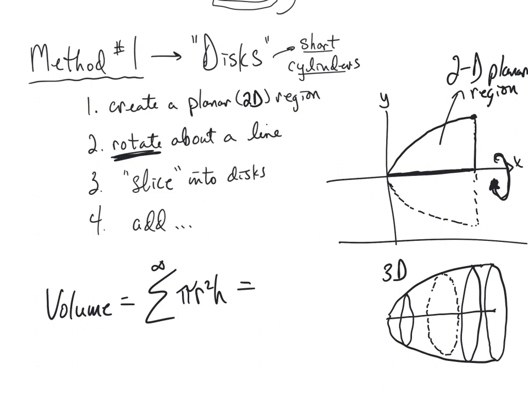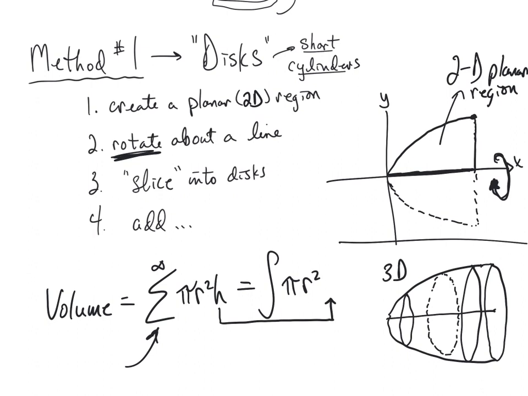But in calculus, we don't use the sigma any longer. When we want to add up an infinite number of things, what we're going to do is integrate. All right? And so we're going to integrate pi times the radius squared. And now one little thing I want you to keep in mind as we move forward, when we start to create integrals, the height of the cylinders is going to become our differential.